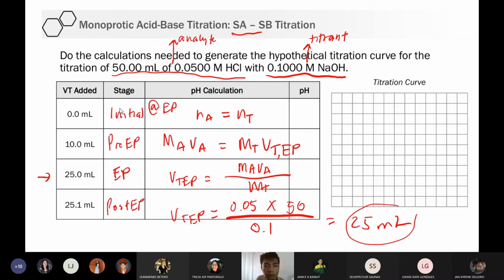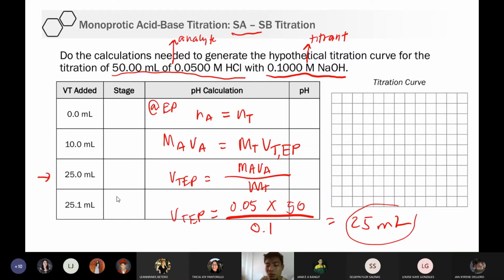Okay? Uli, ano nangyari? Sabi ko sa inyo kanina is ganito. Hanapin nyo yung volume ng titrant at equivalence point. Kasi pag alam nyo na yung equivalence point, pwede mo na i-assign yung ibang stages. Di ba 4 yung stages?